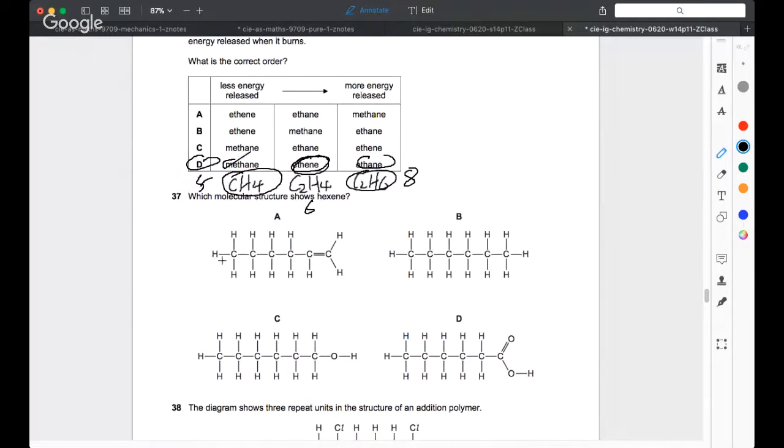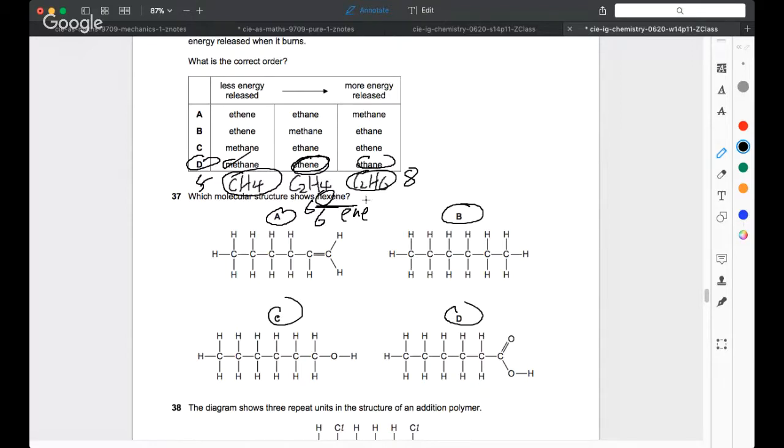Number 37. So hexane, hex means that we have 6 carbon. So it's A or B. And ENE. Right, so all of them have 6 carbons.